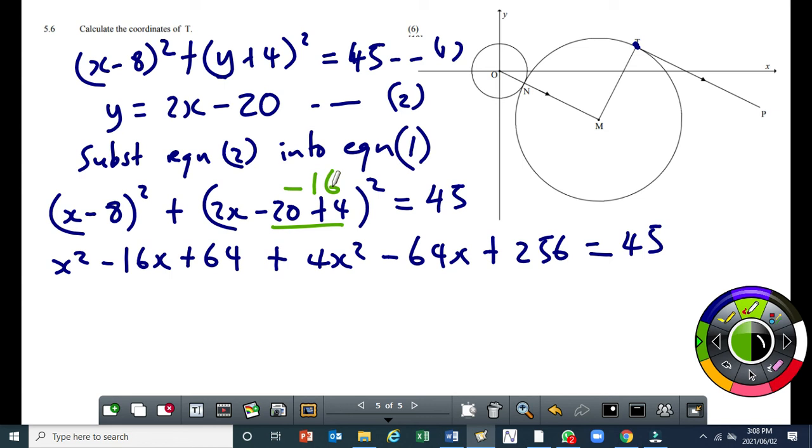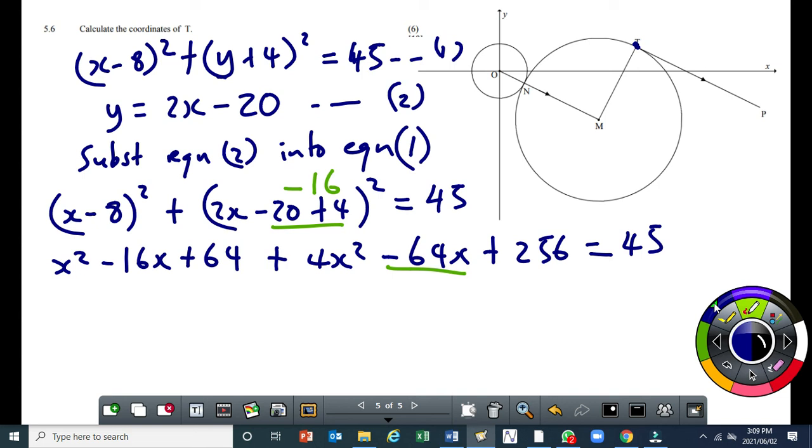Then here, I've got 2x times 2x, that's 4x squared. 2x times minus 16, that will give me minus 32 times 2, so minus 64x, because the trinomial that I'm supposed to get is a perfect square trinomial. Then 16 squared gives me 256. You must realize that there are no marks for using FOIL.